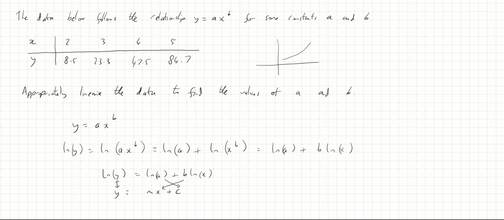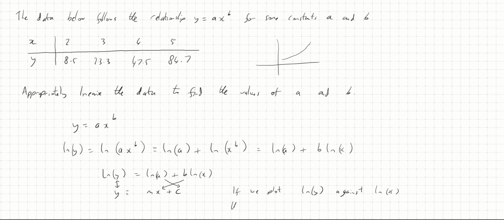So if we plot log y against log x, have a look at this form: log y is log a plus b log x. So the gradient is the thing in front of the log x, that's the b.